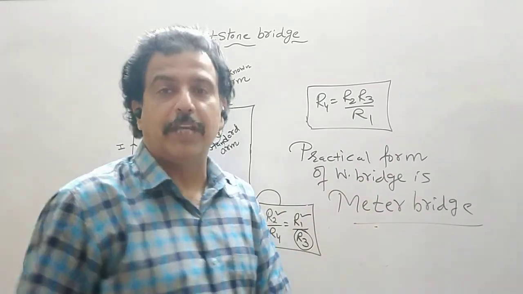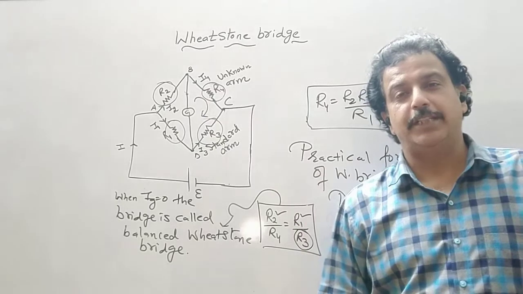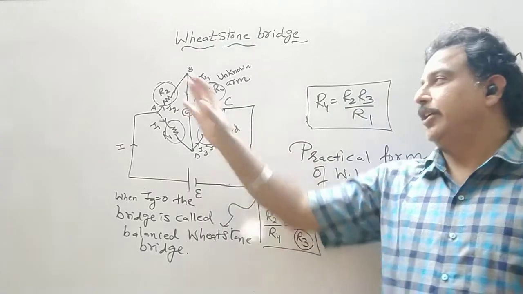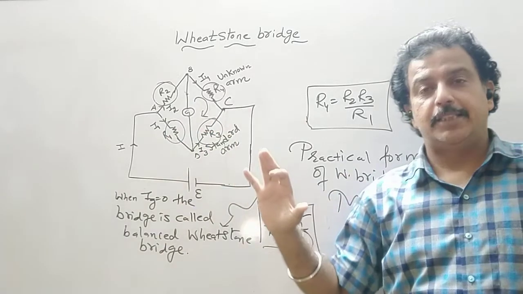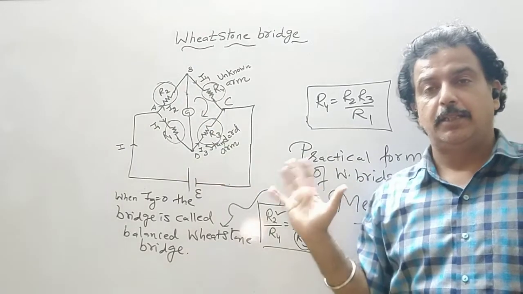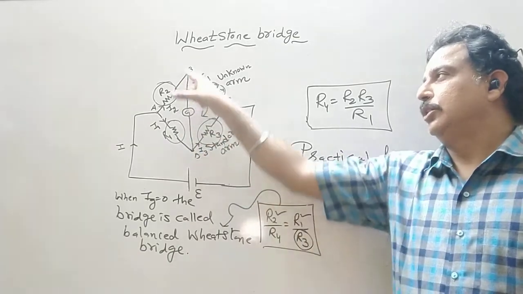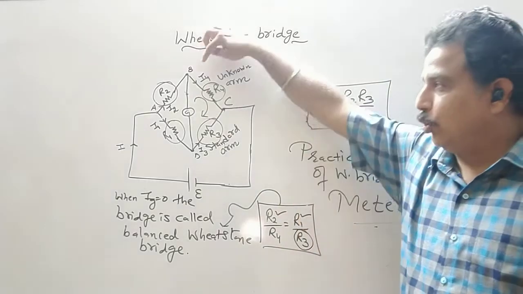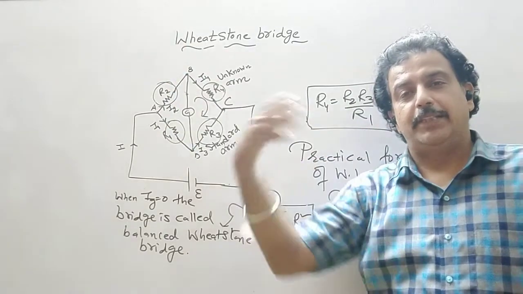Now what is the principle of the Wheatstone bridge? The principle is that if the bridge is balanced, then the ratio of two resistances is equal to the ratio of two other resistances. You have to remember this order: this divided by this is equal to this divided by this. And if it is balanced, no current will flow through the arm BD. Or if no current is flowing through the arm BD, then the bridge is balanced.